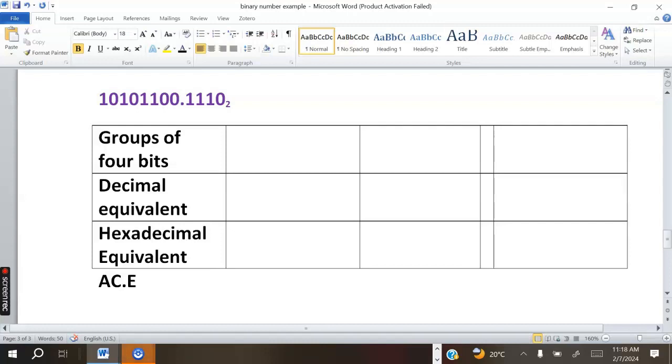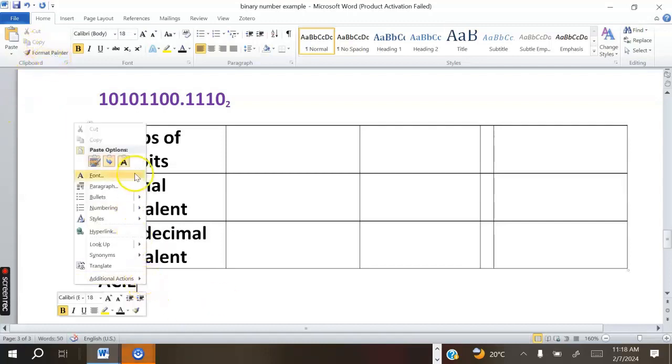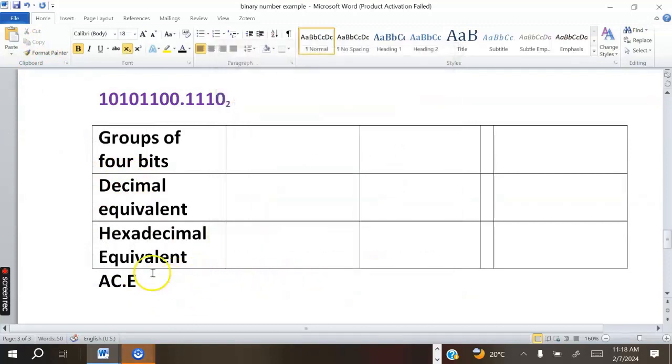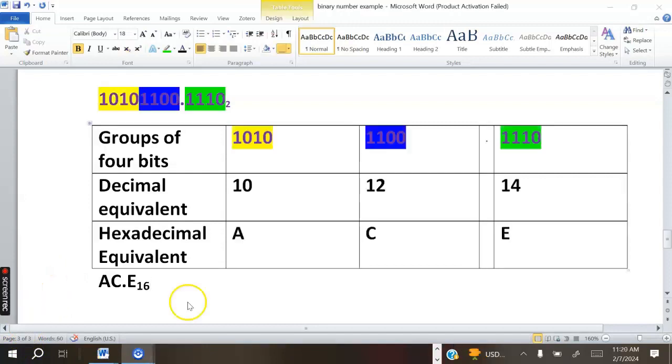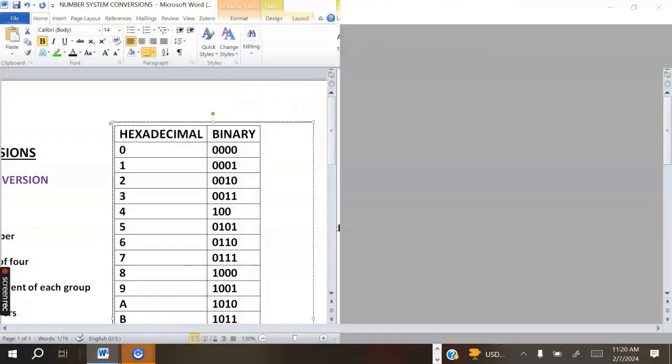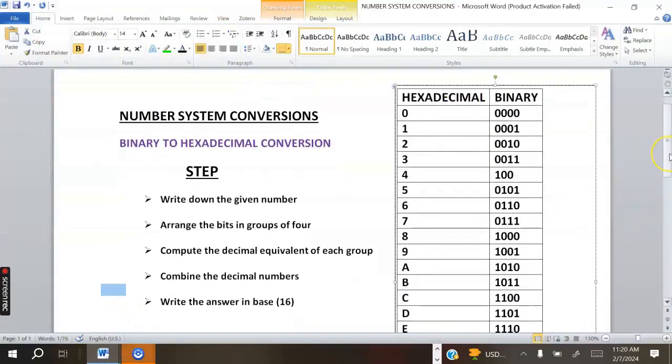That's our answer. So I'll give you maybe some few minutes to go through your work, then I will do it. So there goes my working. Maybe you can use this table to do the conversion.